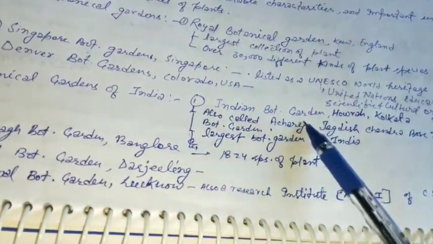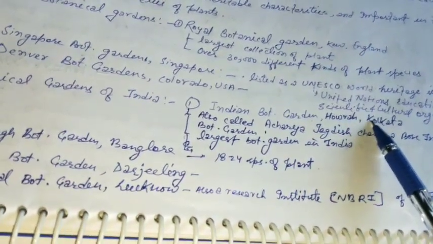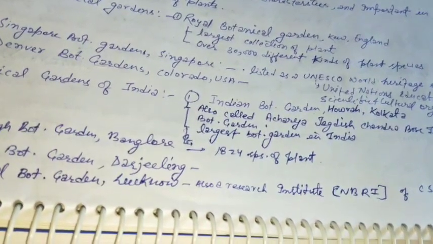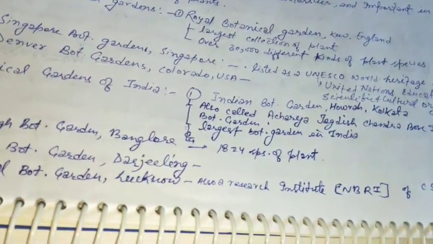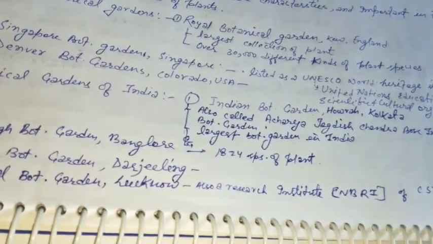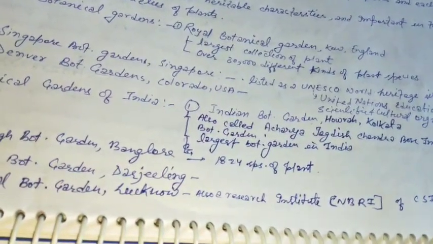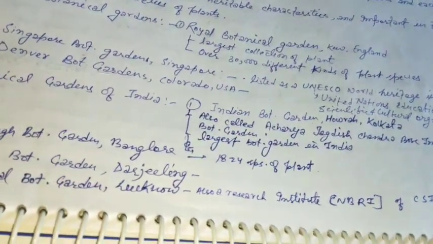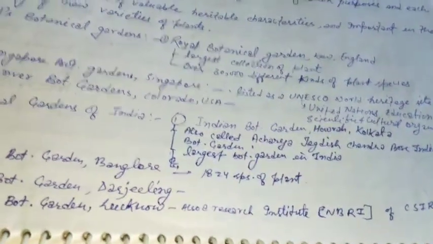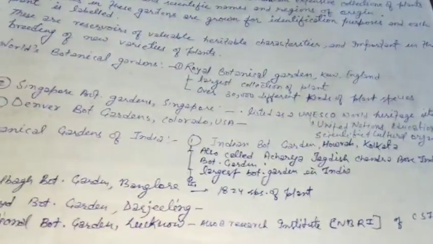the Indian Botanical Garden, which is located in Howrah, Kolkata. It is also known as the Kolkata Botanical Garden. The first name of this botanical garden was Royal Botanical Garden. Its complete name is Acharya Jagdish Chandra Bose Indian Botanical Garden, and it is the oldest and largest botanical garden in India.